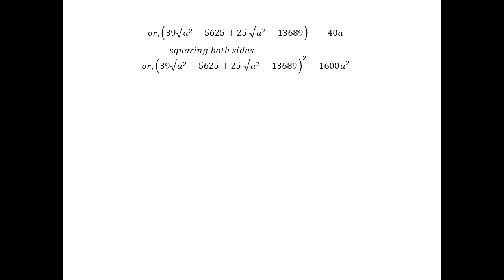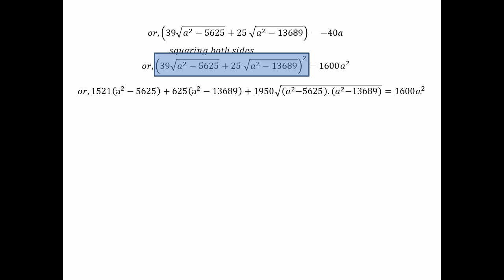Squaring both sides, this is going to the form of a plus b whole square, and opening the formula, we get 1521, that is 39 squared, a square minus this square root, and the square root and square cancel, and 25 whole square is 625, and a square minus this, square root and square cancel, and 2 into 39 into 25 is 1950, and this is here, and 40 a square is 1600 a square.